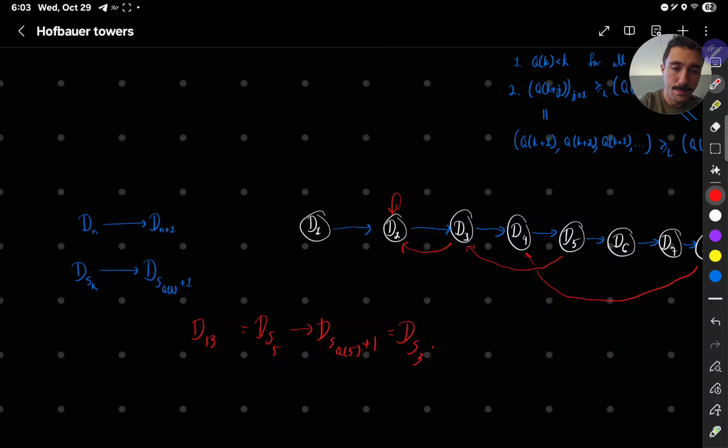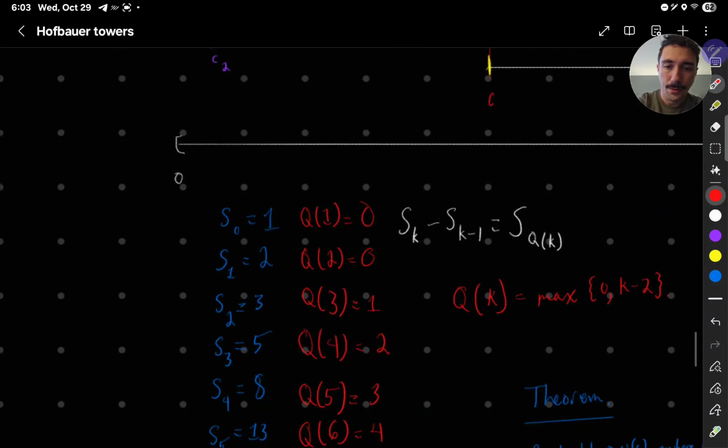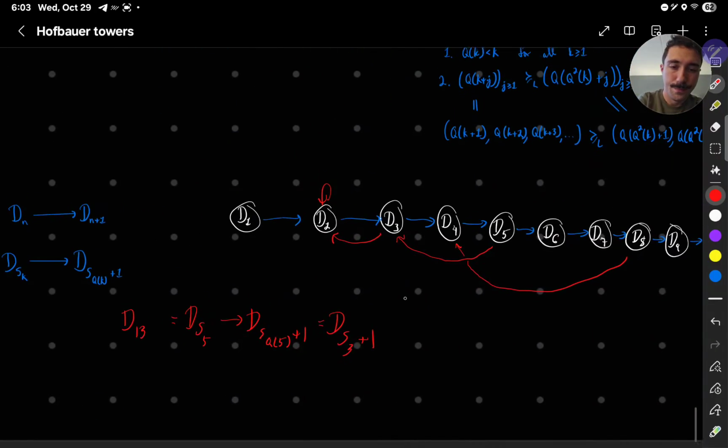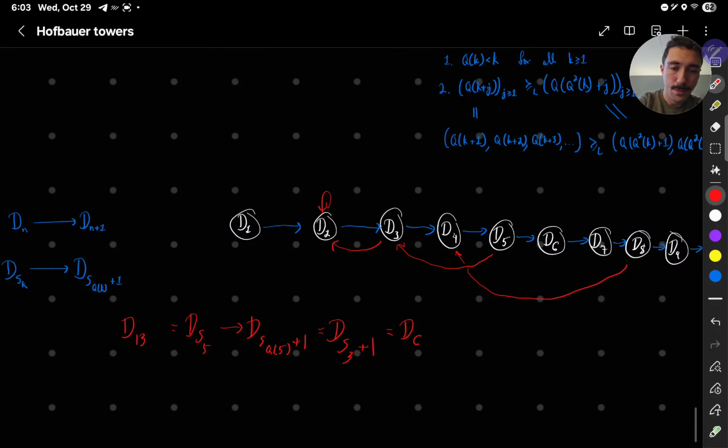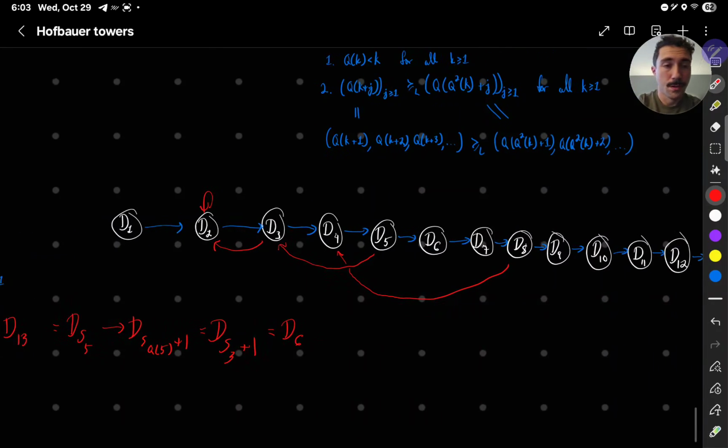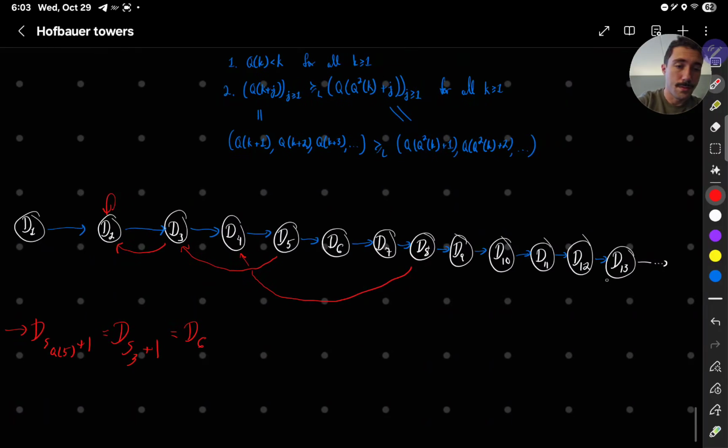Q5 is 3. S3 is 5. So 5 plus 1 is 6. And sure enough, 13 goes to D6. And that works.